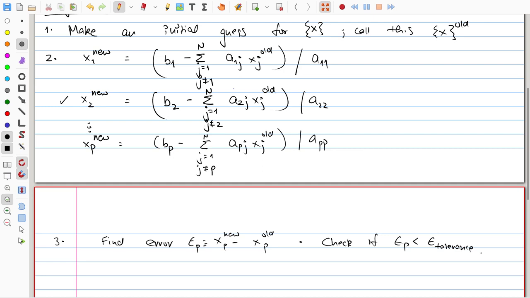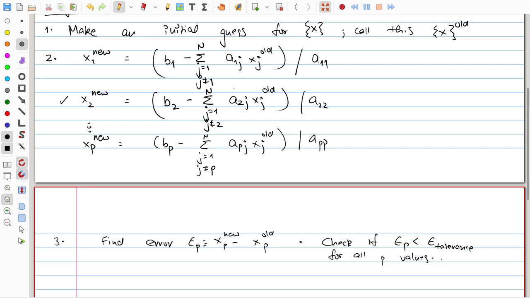It could be 0.01, 0.001, whatever we want. That depends on how accurate you want the solution to be. So we check if epsilon p is less than epsilon tolerance for all p values, that is for p equal to 1 all the way to p equal to n, to make sure that all errors are small.